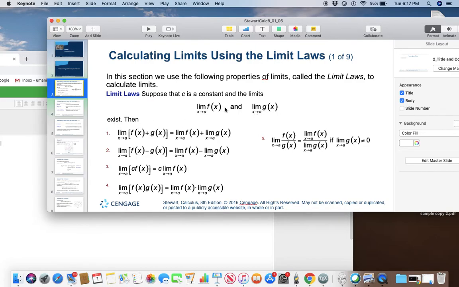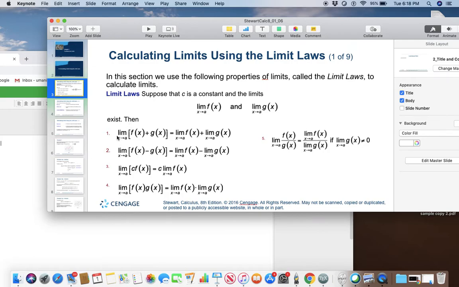That means these are certain numbers. Left hand limit is equal to right hand limit is equal to a certain number, right? So that's a supposition, or hypothesis, for your limit laws: the limit as x approaches a of f(x) exists, and the limit as x approaches a of g(x) exists.